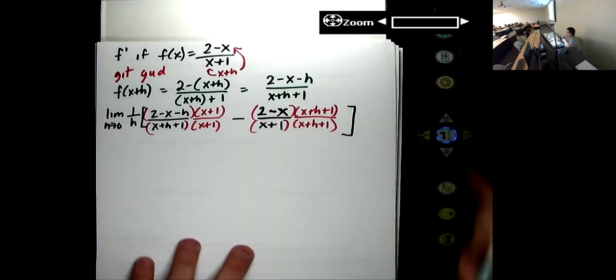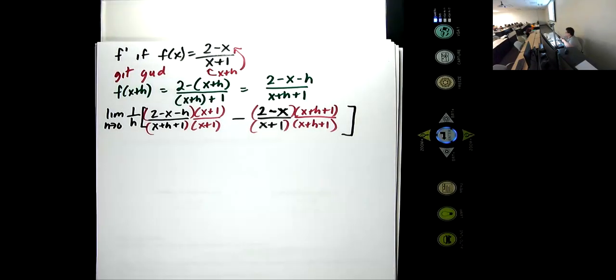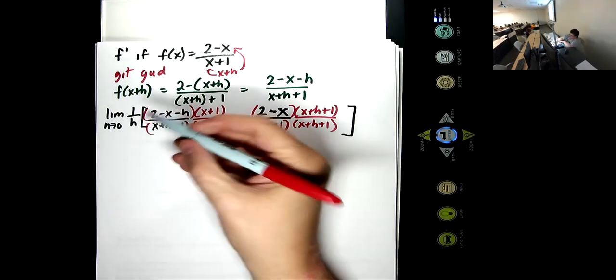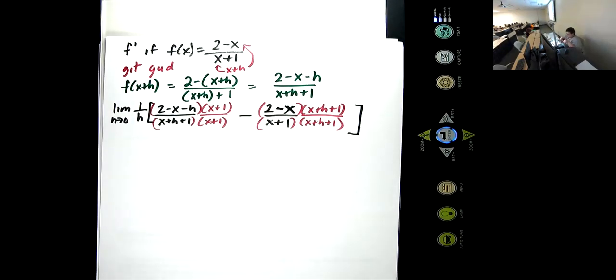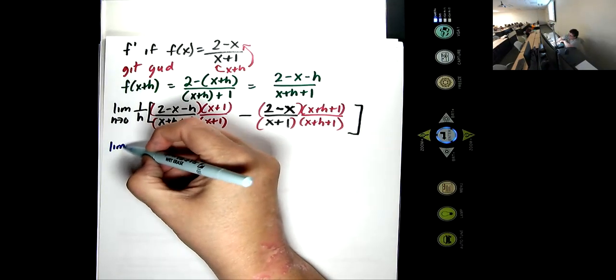After you have to do this by hand for a little while, you're going to really appreciate the derivative rules that we're covering soon. Okay, so I've got the limit. I'm not going to factor out the bottom. Leave the bottom alone. But we do need to multiply out the top.